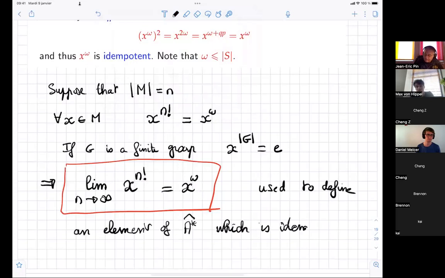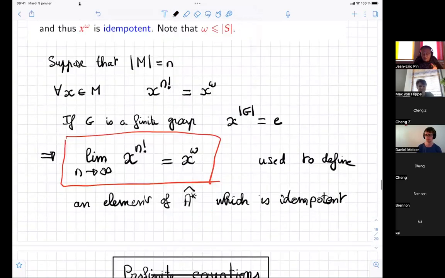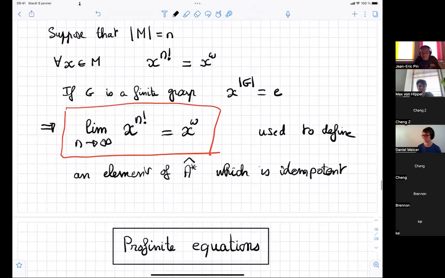But if we didn't have the factorial, it would not be a well-defined limit, right? Absolutely. Yeah, it's kind of counterintuitive. So this element x omega is very nice.